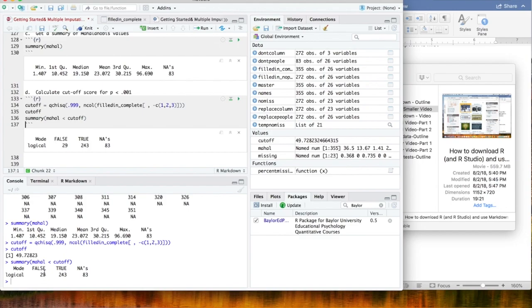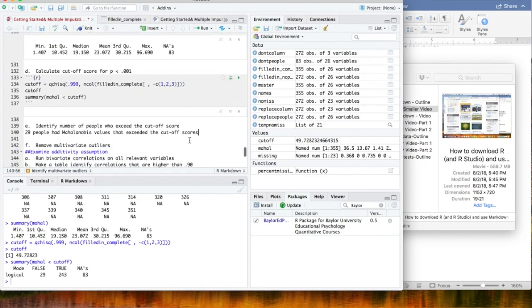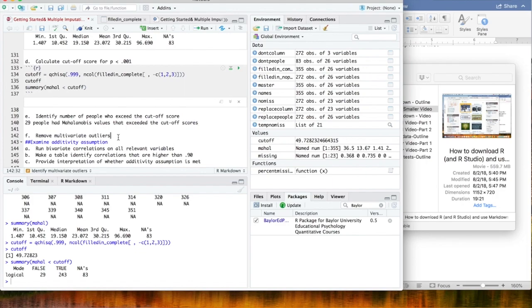And 29 of them had Mahalanobis values larger than the cutoff. So to answer the next question, the short answer is 29 people had Mahalanobis values that exceeded the cutoff scores. Okay, so now we want to remove them.